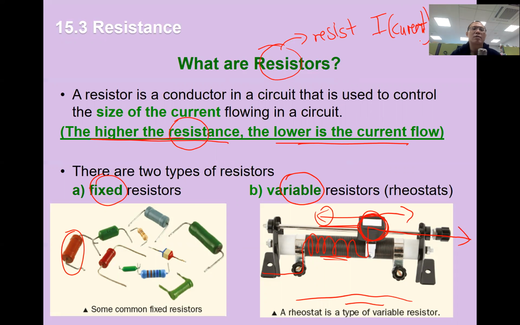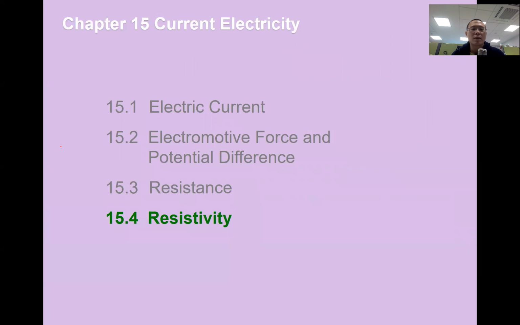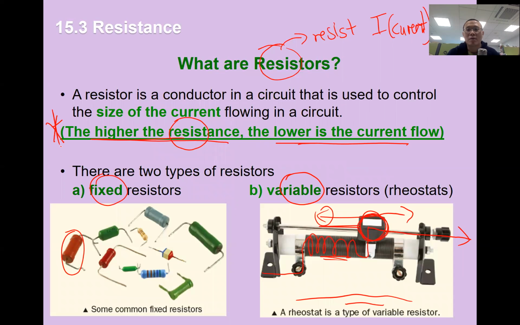So the higher the resistance, the more I resist current, the less I will allow current to flow through the wire itself. So the higher the resistance, the lower the current. This is the relationship that we have, and it's a simple one. The idea of resistance is a value of the component itself, and what it does is jam the current from coming in.